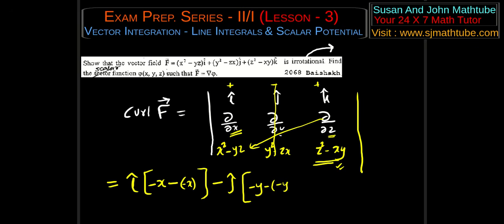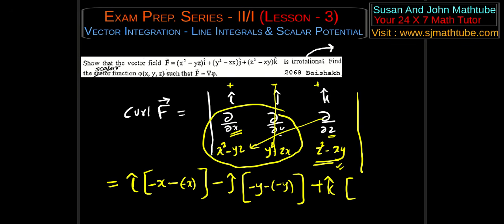As expected, we get minus y, plus k, and this thing, it's already in a mess. So 0 minus, minus z, minus of minus z, as we expected, is equal to 0. That's it. So the vector field is irrotational.